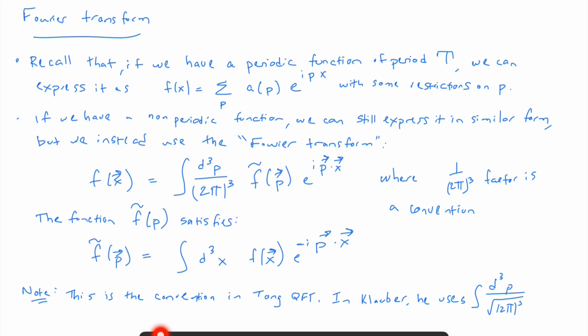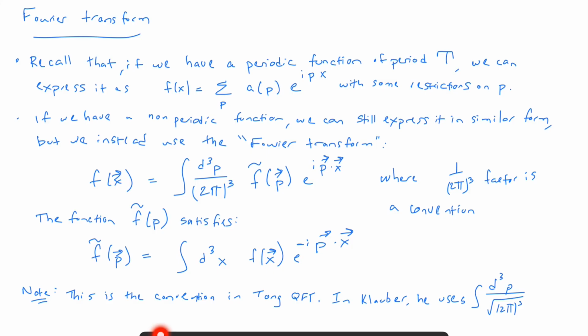The other way of looking at this is that f of p could be thought of as another function, which can also be expanded with coefficients f of x. So these are the coefficients of the exponential function. These conventions are important: this is positive i p x here, and this is minus i p x here, and there's no 2 pi to the third here, by the convention that David Tong uses in his notes.